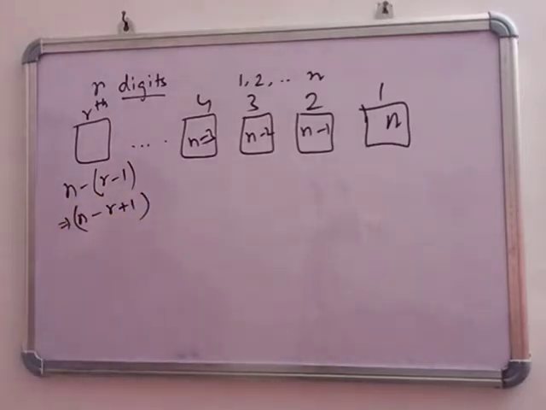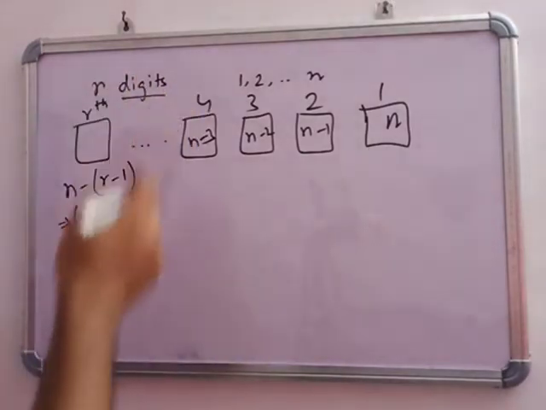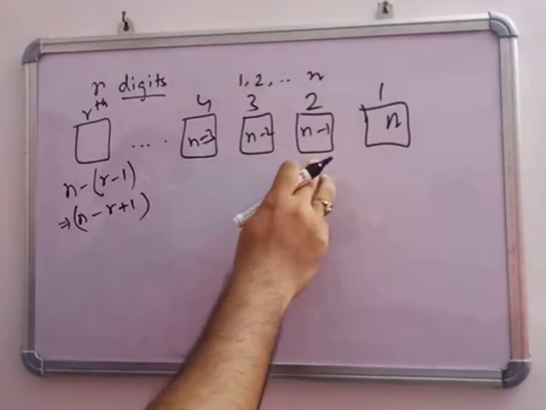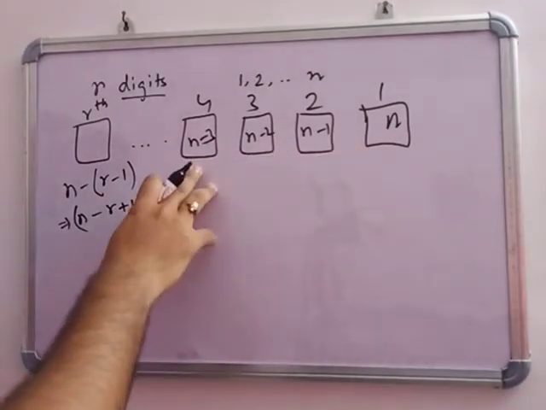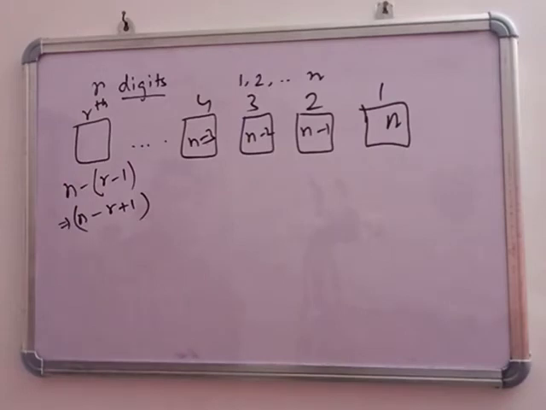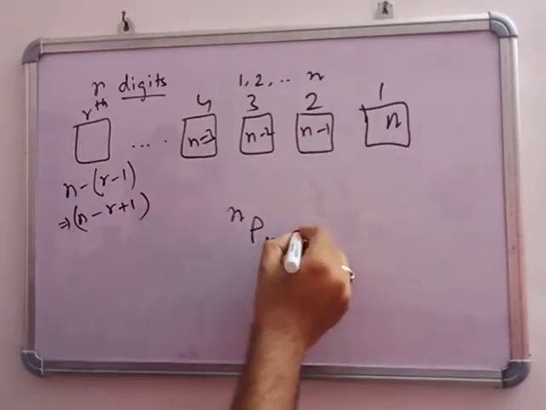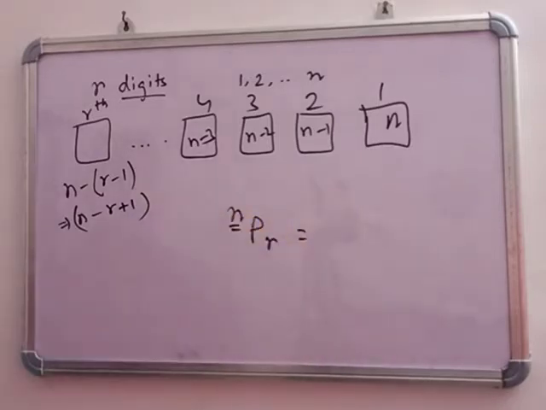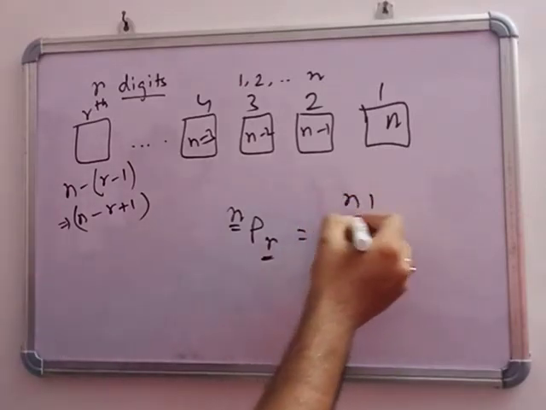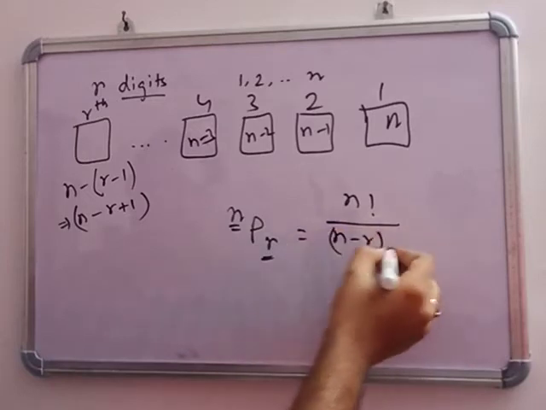So the number of r-digit numbers we can write is n into n minus 1, n minus 2, n minus 3 up to this one. So this is what we use for the factorial term. Now for the permutations, we use nPr, where n is the number of objects and r is the number of digits. So we can write n factorial by n minus r factorial.